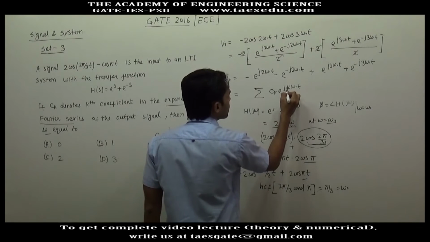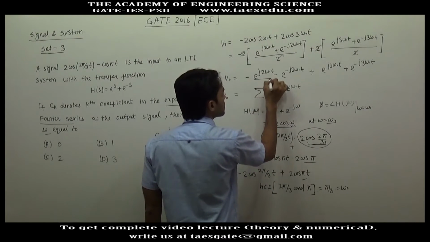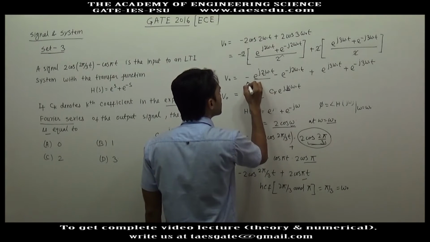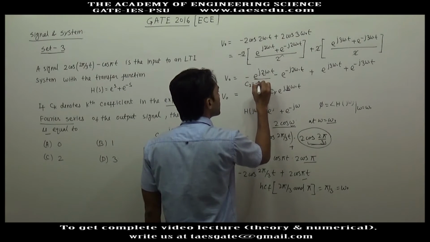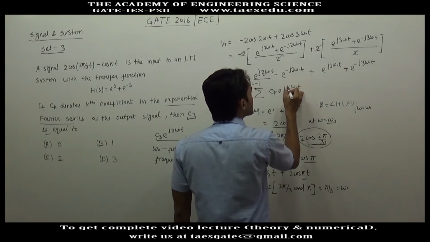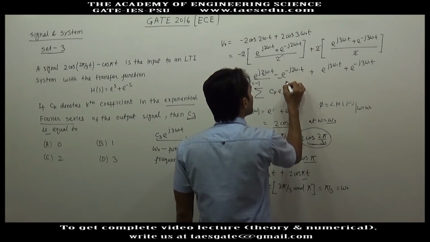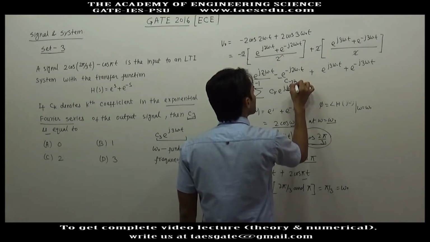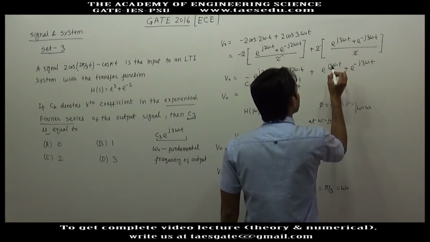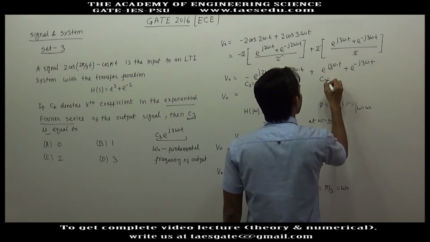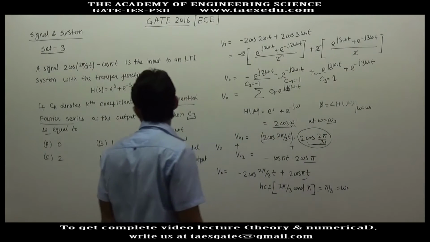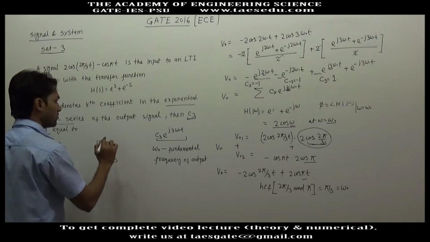So in this term you have k equal to 2, so the coefficient C2 will be minus 1. Here in place of k you have minus 2, so the coefficient C minus 2 is equal to minus 1. Similarly here k is equal to 3, so this will give you C3, and the coefficient is 1, so the value of C3 will be 1.